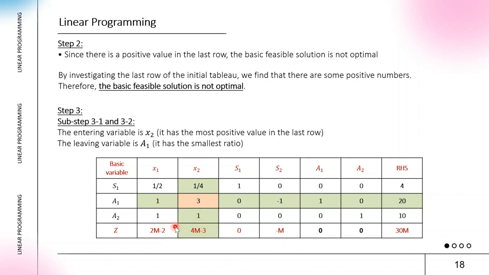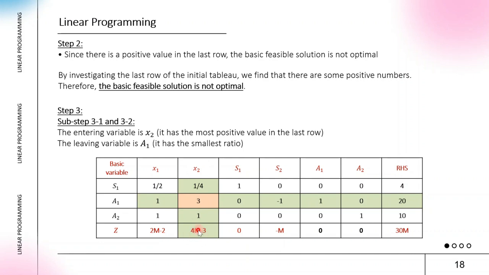So we must select one of them to pivot. Therefore, we choose the largest positive coefficient in the Z row. X2 fits this criterion and becomes the pivot column, because X2 has the largest positive coefficient in the Z row.